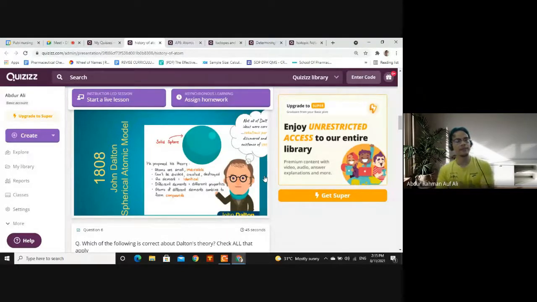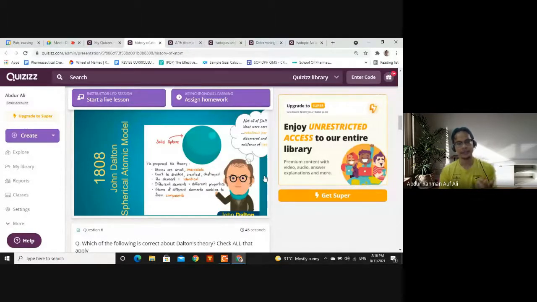And then they developed more postulates, more ideas about atomic structure. So what is written here, he proposed atoms are small, indivisible. Okay, the atom, the smallest part of a substance, cannot be split, indivisible. Okay, so that's the first theory.